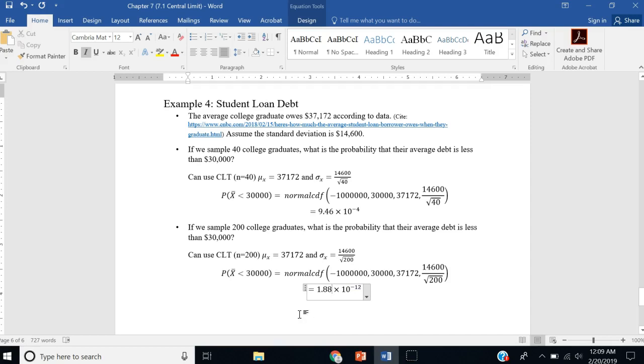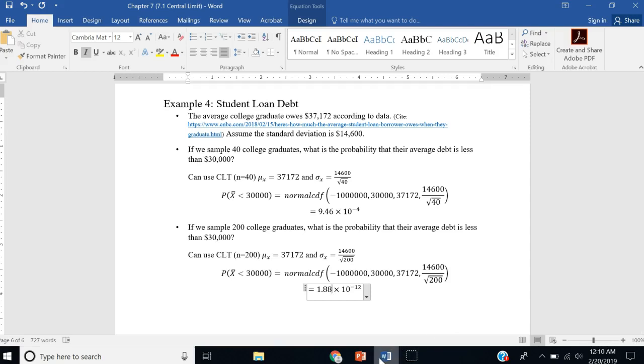So that's what the central limit theorem is all about. It's saying that if we can't apply the normal curve to an individual, so I can't say my data is normally distributed originally, then I can get around that by taking sample sizes.